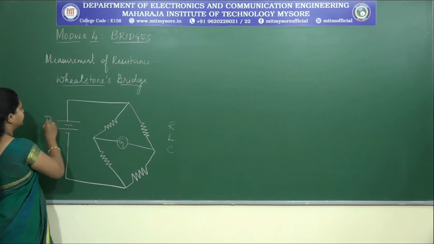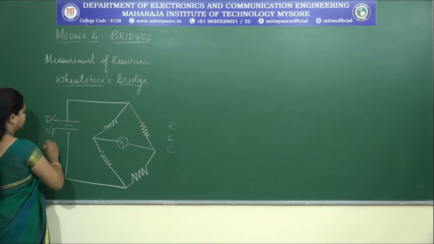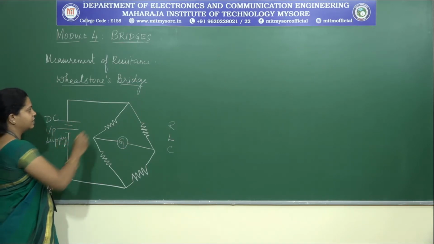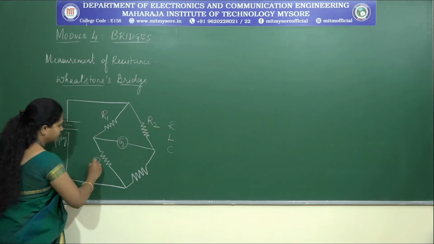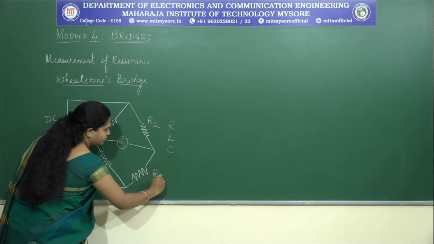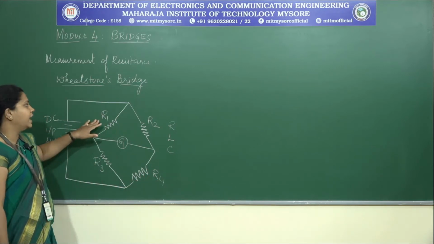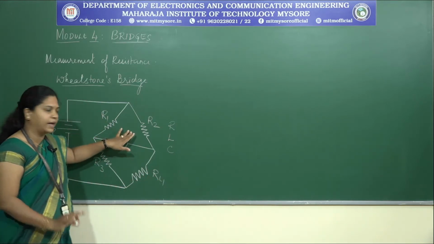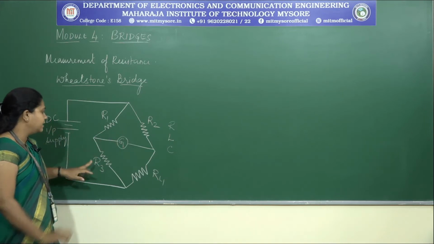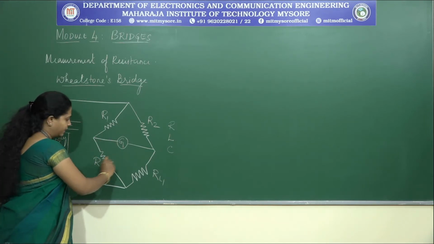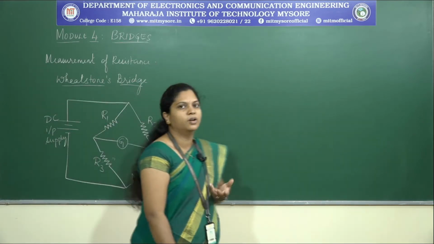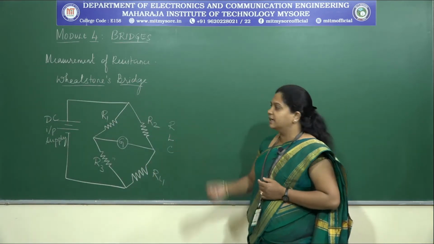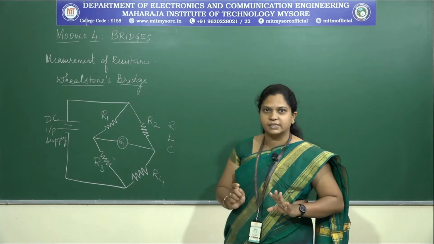This is the DC input with positive and negative terminals. This is R1, R2, R3 and R4. Usually R1, R2 are fixed value resistors, R3 will always be a variable one, and at the arm R4, usually we connect the unknown value of resistance.